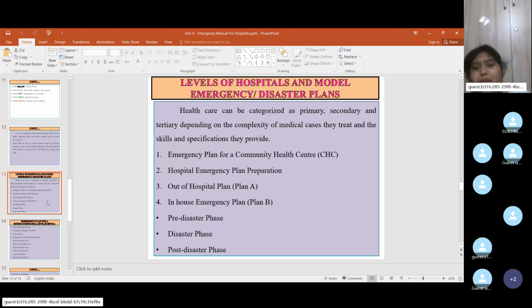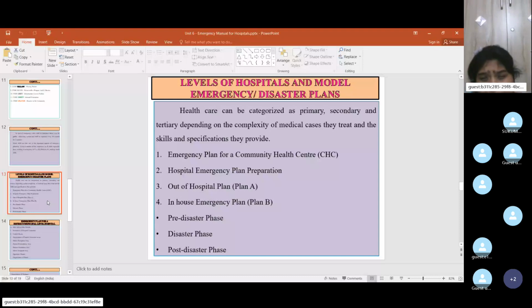Primary is making sure beforehand that the situation does not get worse. Secondary is when the situation has occurred but we prevent complications. Tertiary is when the situation is already complicated, but we don't allow them to die, and rather give them better support to lead a sustainable life.